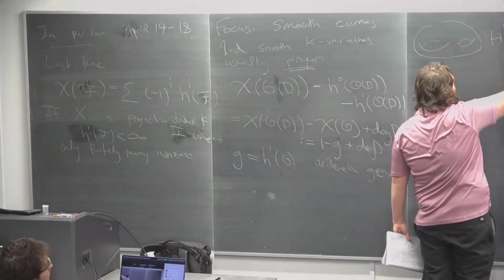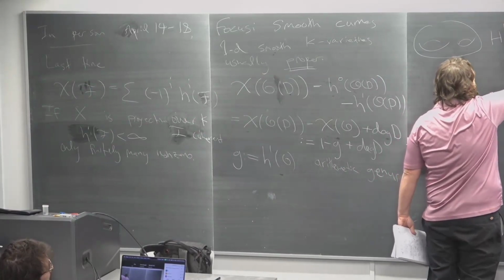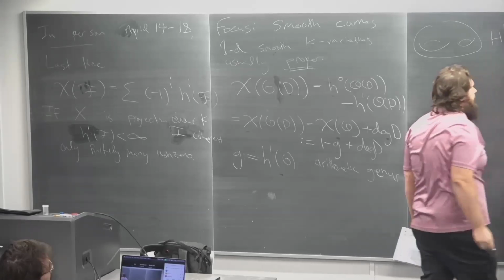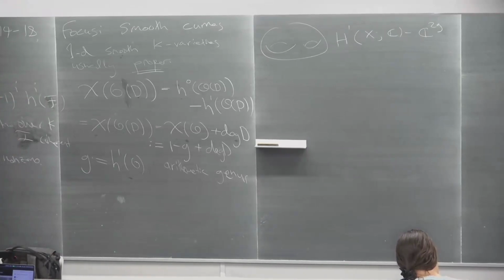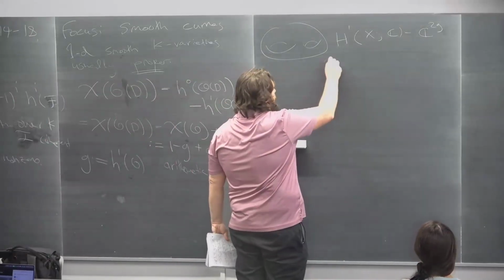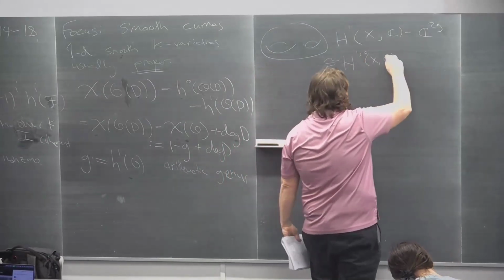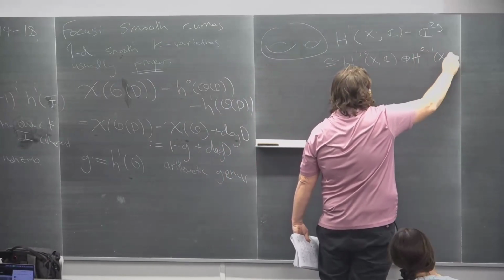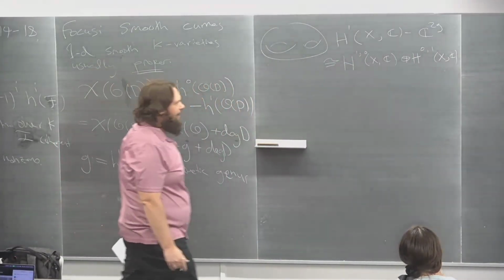If I take H^1 of X with coefficients in C, indeed, that's C^(2g). So if you like to think about this in terms of complex algebraic geometry, what's happening here is H^1 under Hodge theory breaks up as the direct sum of two g-dimensional spaces. Let me see if I can remember which one is which.